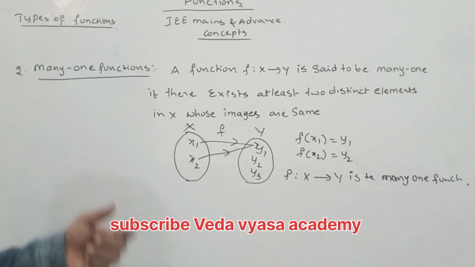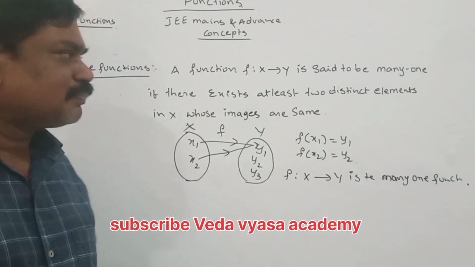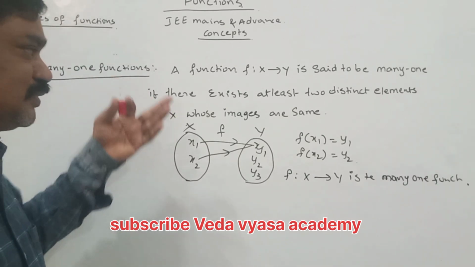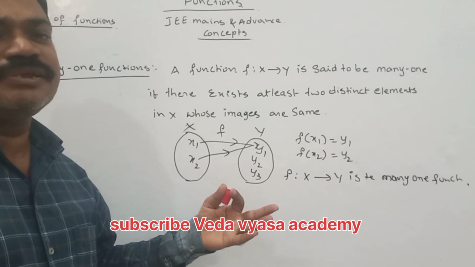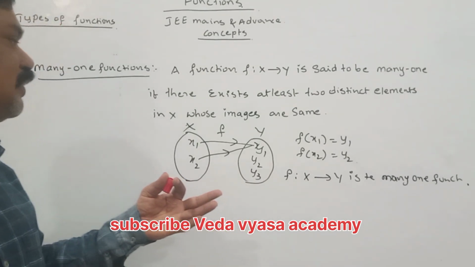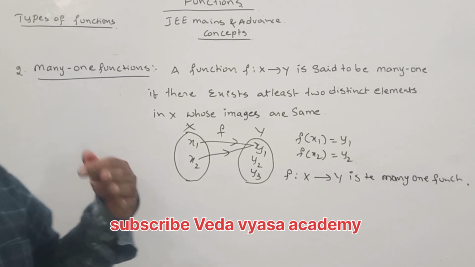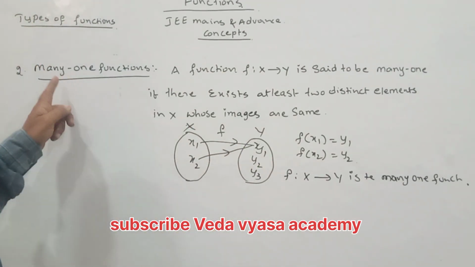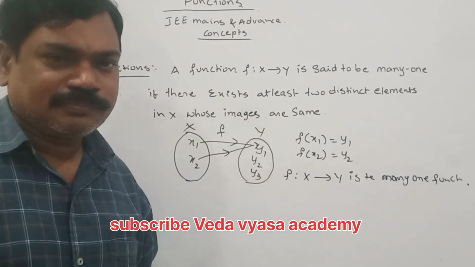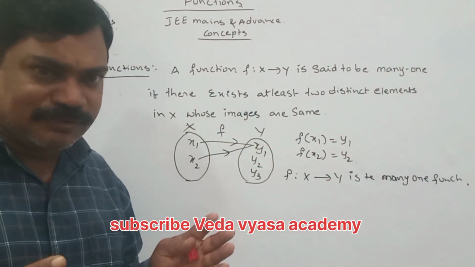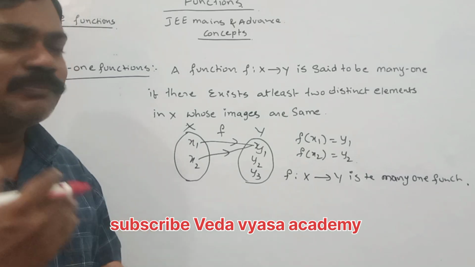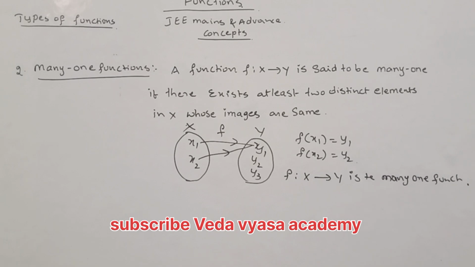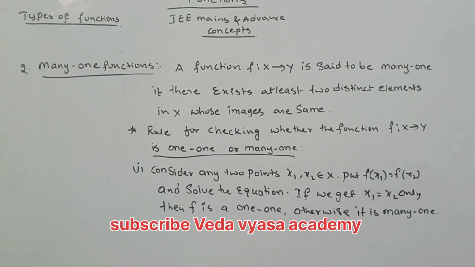Otherwise, a function from x to y is said to be many-one if there exist at least two distinct elements in x having the same image in y. This is the difference between a one-one function and a many-one function.